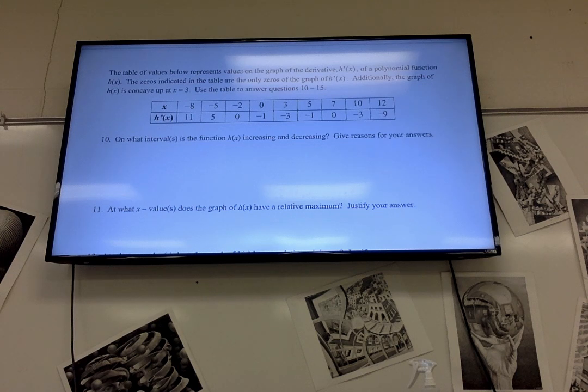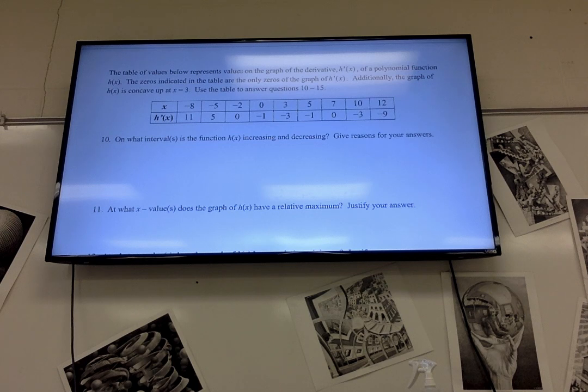Okay, the table of values below represents the values on the graph of the derivative h prime of x of the polynomial. The zeros indicated in the table are the only zeros of the graph. Nothing tricky. So use the table to answer questions 10 through 15.